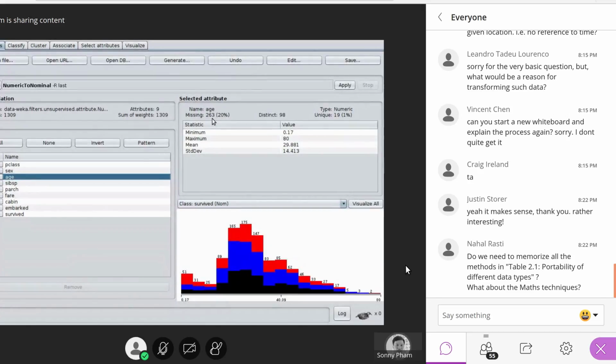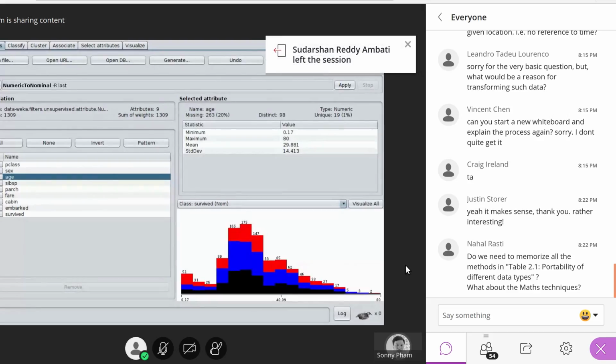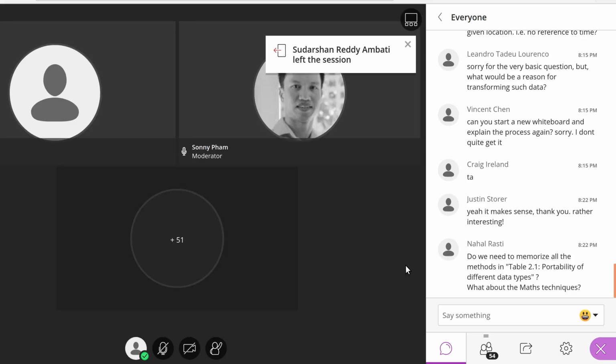If you discard them, depending on the problem you are trying to solve, you remove a lot of instances, and that is not going to be good. So you might consider doing something else about it, like replacing with the average, or doing something about the attribute rather than removing the instances corresponding to these missing entries. I hope you could get an idea about this when dealing with data.